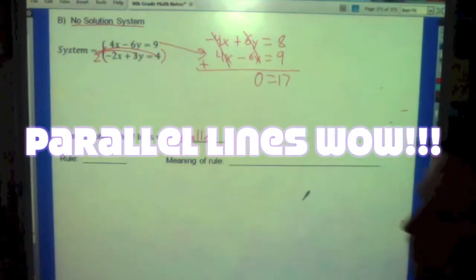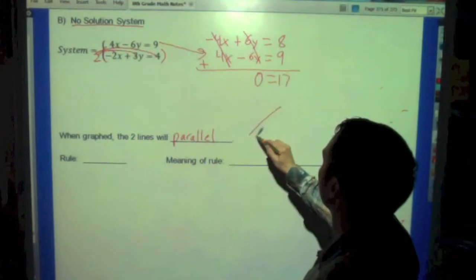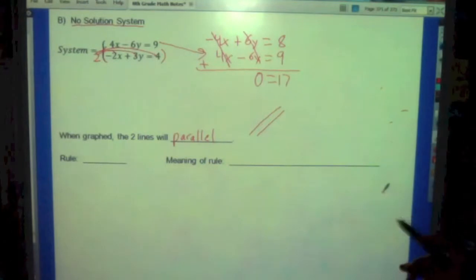If you were going to graph those two lines, they would be parallel. They would run right next to each other, and they would never touch. That's what it looks like when we have no solution, because they'll never touch.